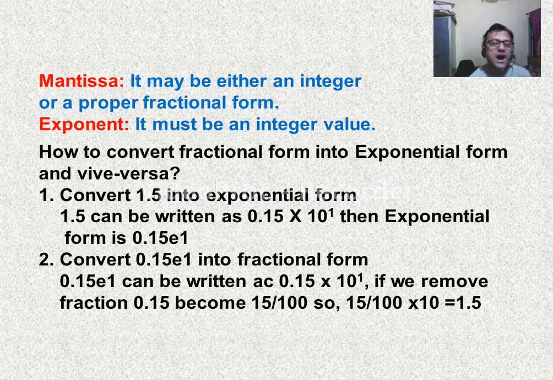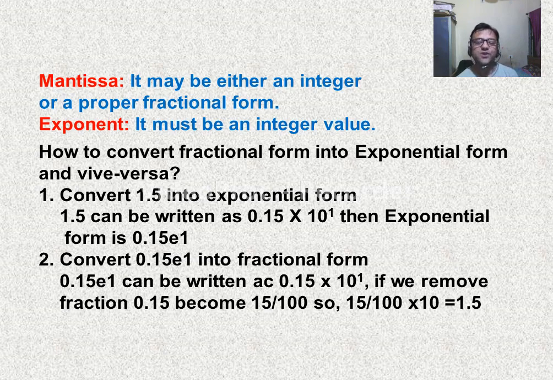Now how to convert fractional form into exponential form and vice versa. So the very first example given here, convert 1.5 into exponential form. So we may write 1.5 mathematically as 0.15 into 10 to the power 1.